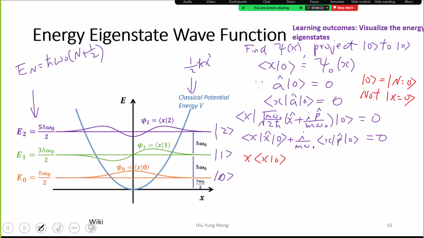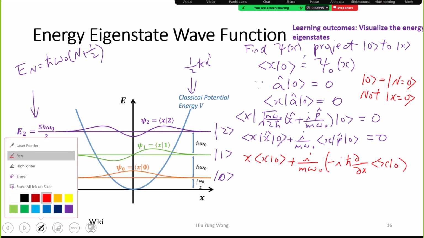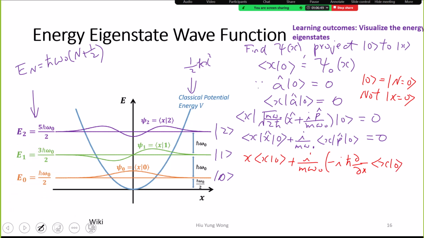Now this part, you just take it for granted. It turned out that when you apply the p to x, you actually get a differential term. You learned this in your quantum mechanics, so if you don't know this, just ignore it, just take it for granted. Because this is related to the translation: the momentum is the generator of translation.